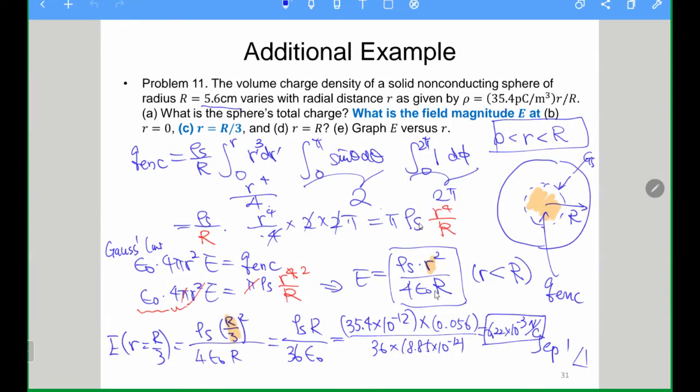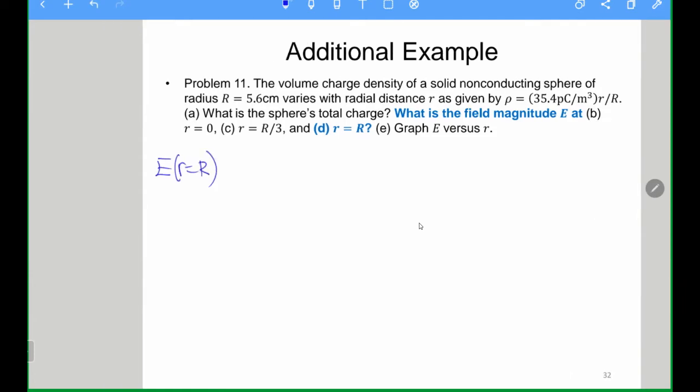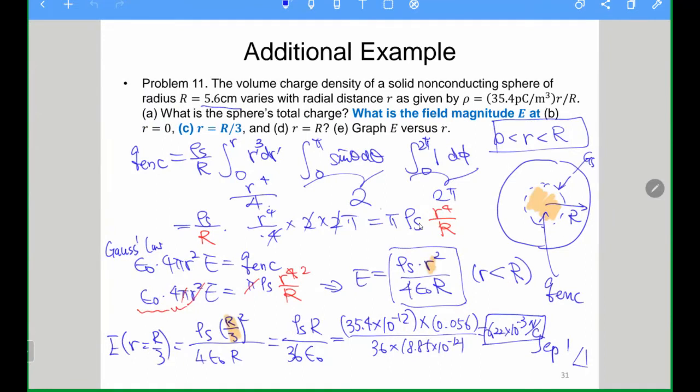So we can quickly come up with E at r equals capital R. You may be concerned that we only wrote smaller than here, but smaller than or equal to will be the same. But if r is larger than capital R, it might be different, so we also need to find the field when r is larger than capital R.